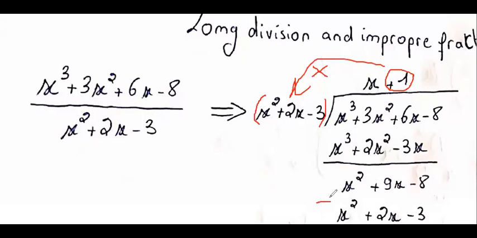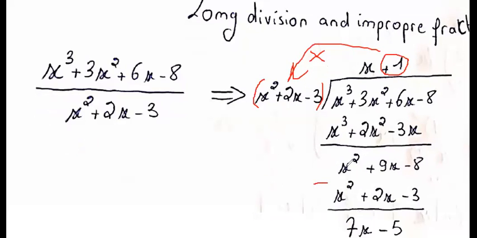Again, I subtract it from x squared plus 9x minus 8. I will get x squared minus x squared, it's 0. 9x minus 2x, it's 7x. And minus 8 minus 3, so minus 8 plus 3, it's minus 5.